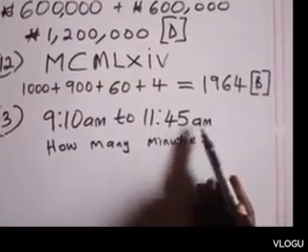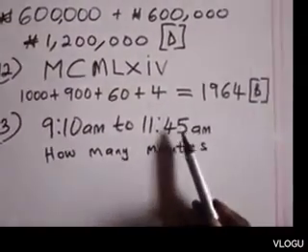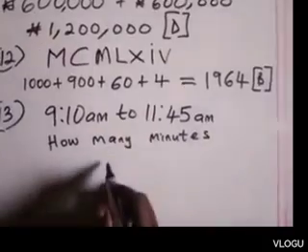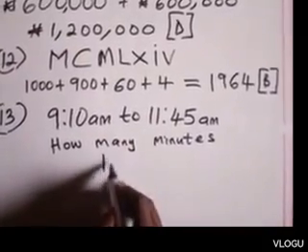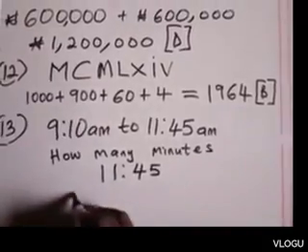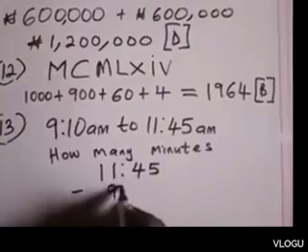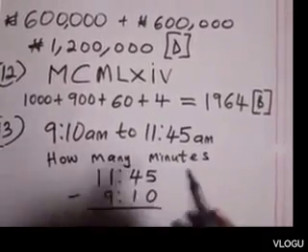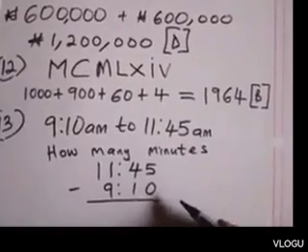Assuming this one is on PM, we can convert it to a time on GMT. But both are on AM, so there's no point doing that. So just have 11:45 minus 9:10. I'm doing this because both are on AM.